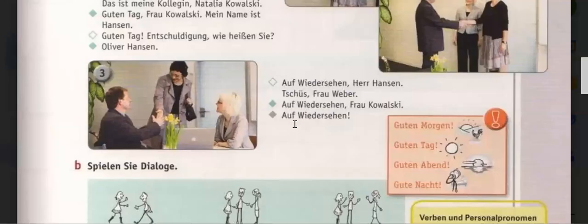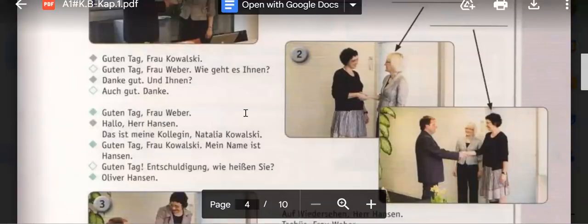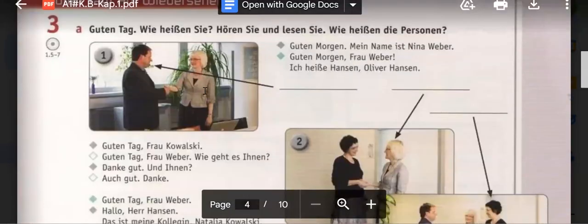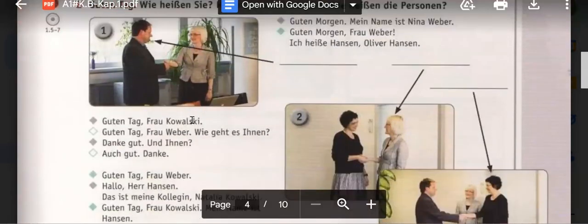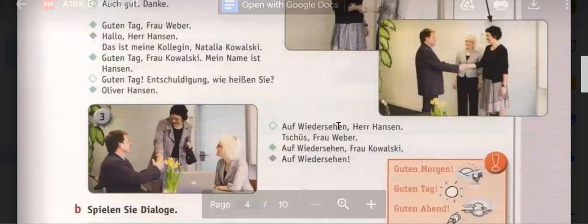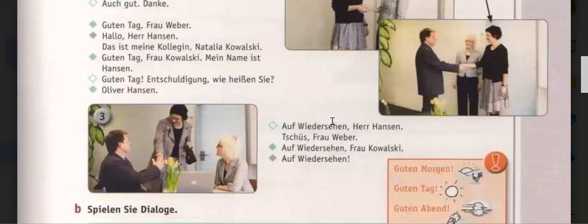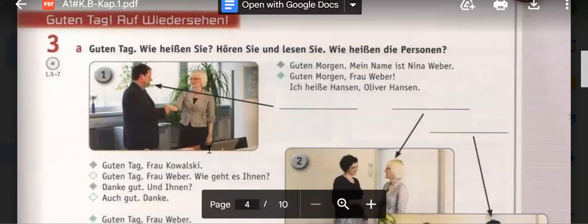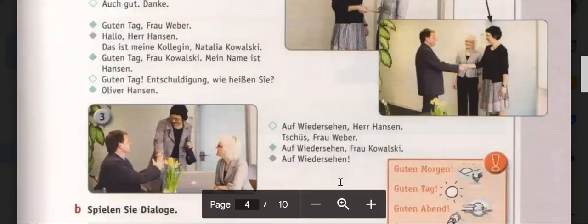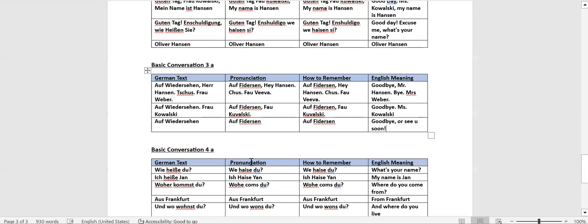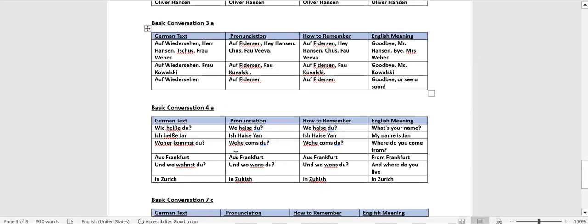So by this we are completing this conversation among these colleagues. There were four conversations. They met, they introduced themselves, and they said bye to each other. Okay, that's good. Let's see what is the next set of conversation.